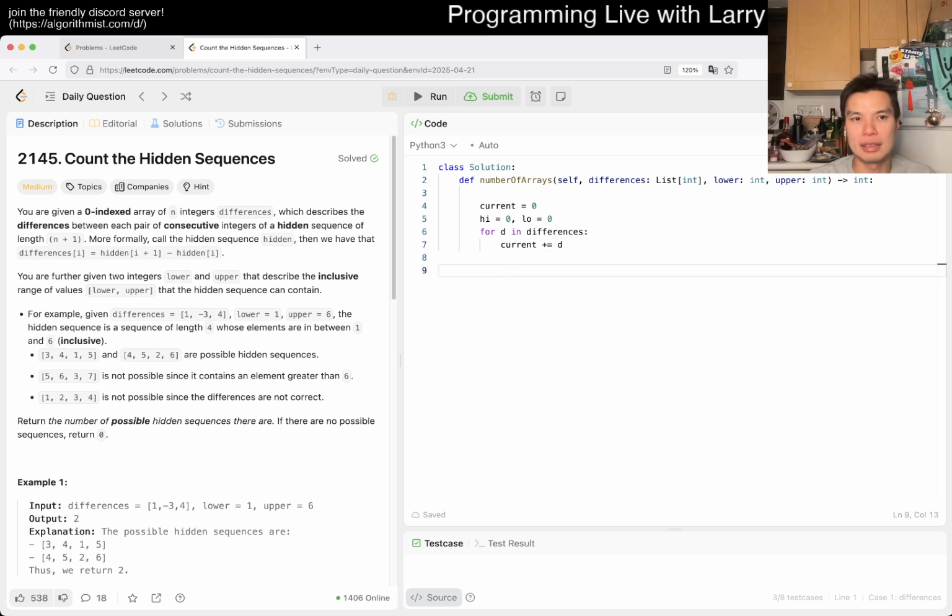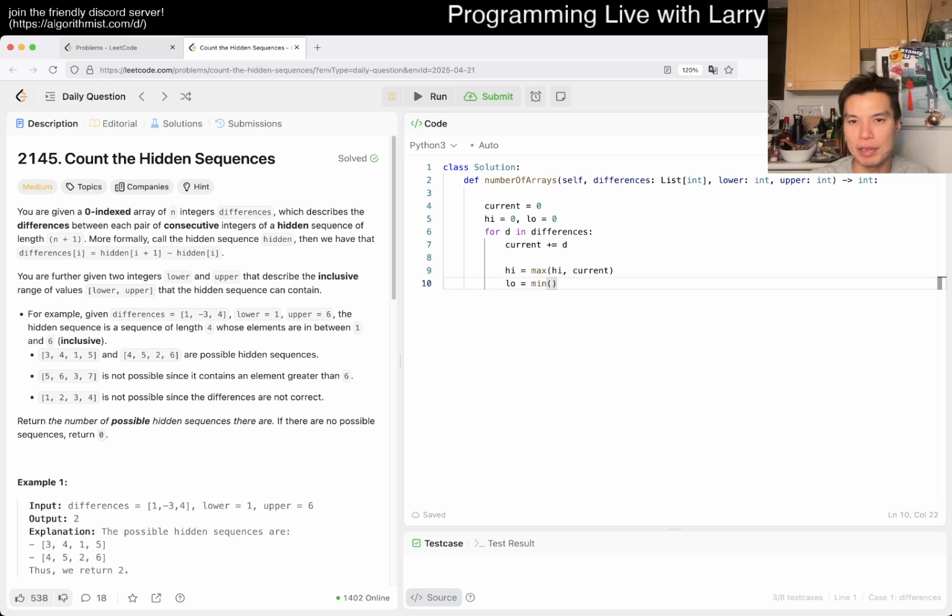And this is of course relative to the current, so we don't have to keep track of that. What we're writing now is we just keep track of high and low. So high we update with max, and low we also update. Like I said, you could do it either way, moving high to the upper or low to the lower.